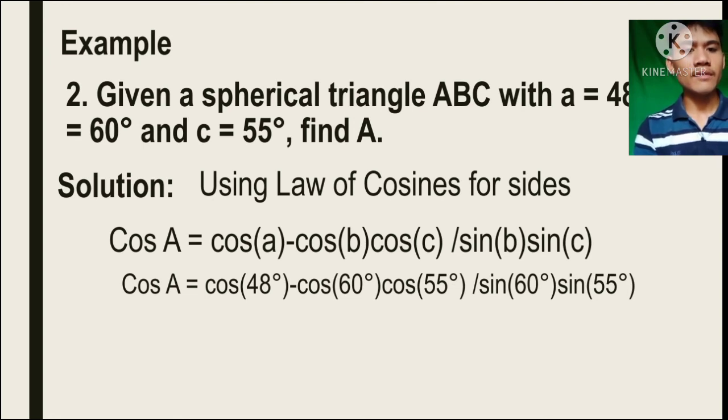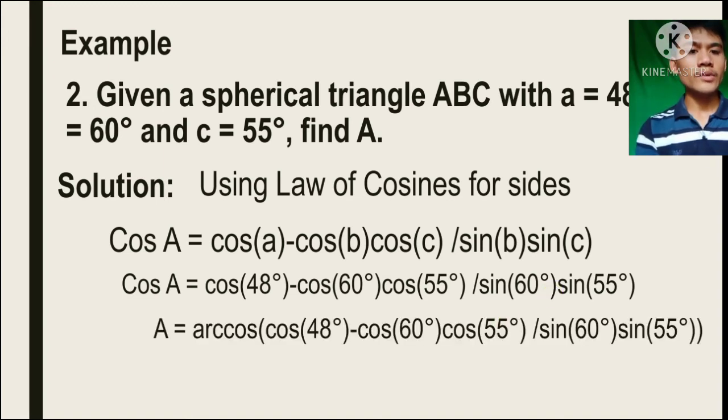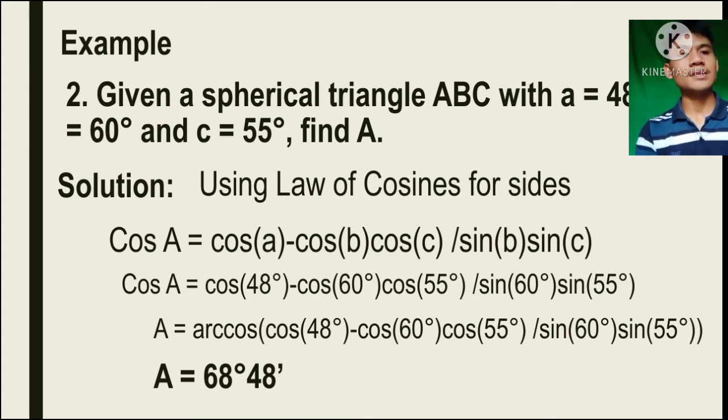Like here we have this A, so we need to find the inverse of cosine A for us to eliminate it and then find the exact value of our A. So we came up with A is equal to arccos, or cosine inverse, quantity of cosine 48 degrees minus cosine 60 degrees, cosine 55 degrees, all over sine 60 degrees, sine 55 degrees, and it would be equal to 68 degrees 48 minutes as the value of our A. Just as simple as that.